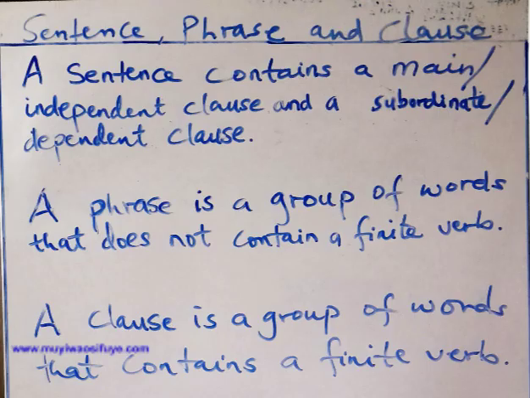Adjectival clauses modify nouns and also modify pronouns, and they can also be called dependent/subordinate clauses. That means they cannot stand on their own. They have to depend on the main clause or the independent clause to be able to stand.